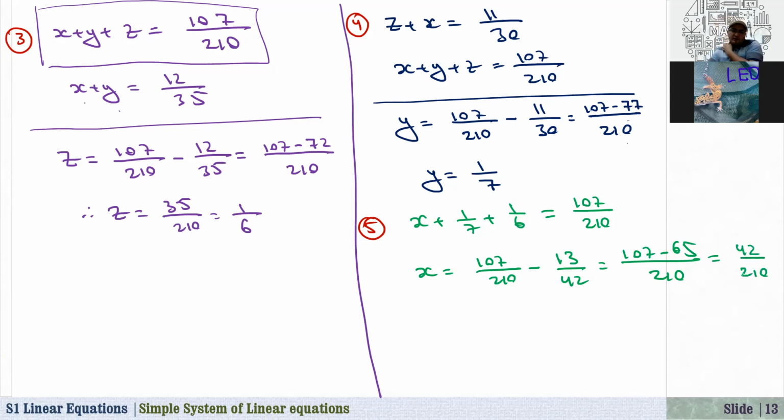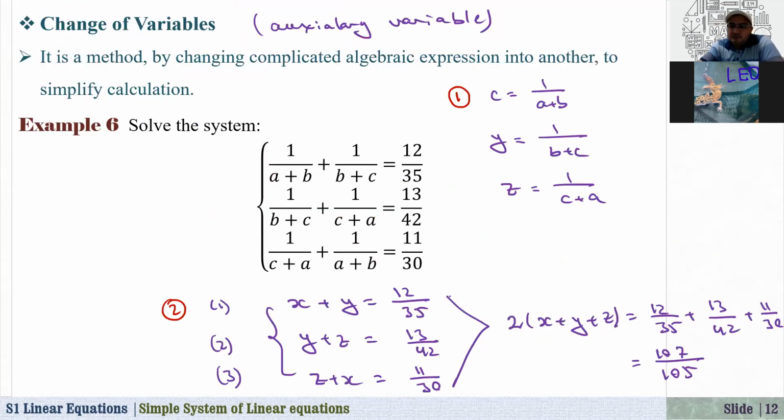If you simplify by 42, that's equal to 1 over 5. So now x equals 1 over 5, y is equal to 1 over 7, and z is equal to 1 over 6.